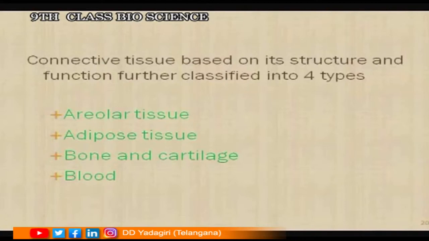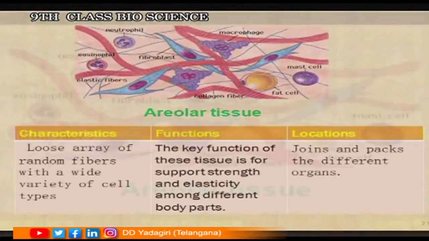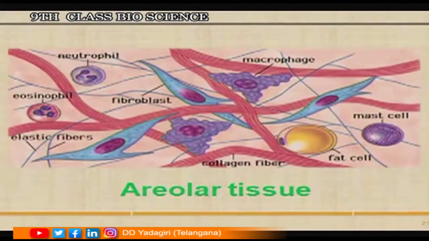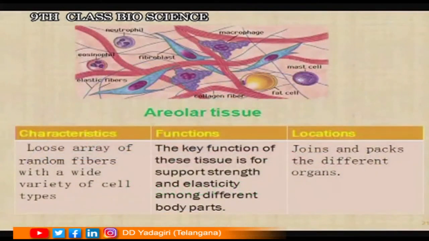This connective tissue is further divided into 4 types based on their structure and function: 1. Areolar tissue, 2. Adipose tissue, 3. Bone and cartilage, 4. Blood. Now, you see the main features of areolar tissue. It has different types of cells and fibers.